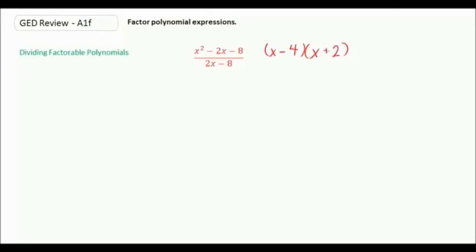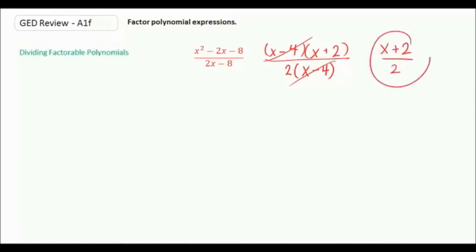So that would be negative 4 and 2. On the bottom, we can pull out a 2, which would leave x minus 4. And then since we have an x minus 4 in the numerator and an x minus 4 in the denominator, we can cross them off. And we are left with x plus 2 over 2.